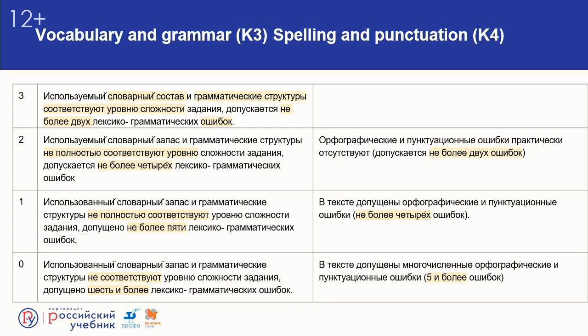So if you find the structures and vocabulary units used a little bit simplistic, knowing the level of your learner or the level at which you're working with your learners right now, if they don't use a lot of nice words that have recently been covered, right, or a lot of grammar structures that again have recently been covered, they are just limited to what they studied before, but there is not much of that, right? You just have a slight feeling that it's a bit simplistic, right? Not too much.